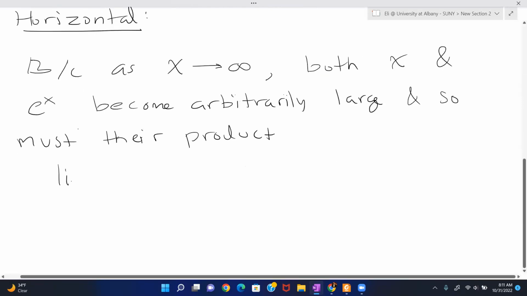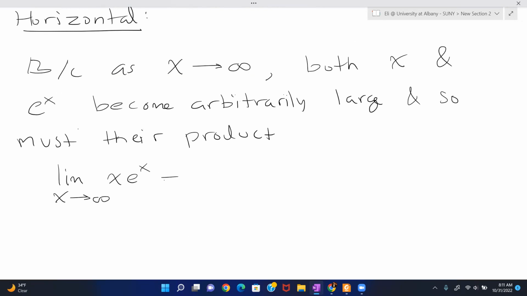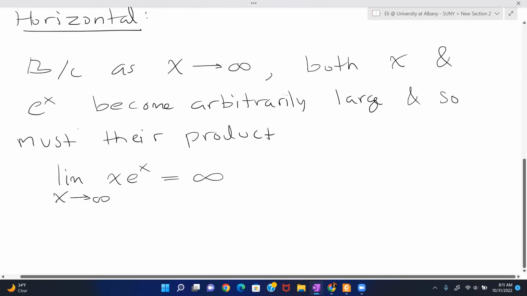So when we compute the limit as x goes to infinity of x e to the x, which is our function, we get infinity. So there's no horizontal asymptote as you let x go to infinity.